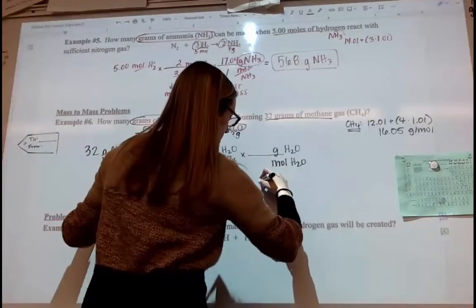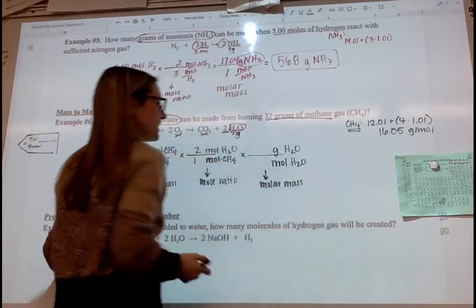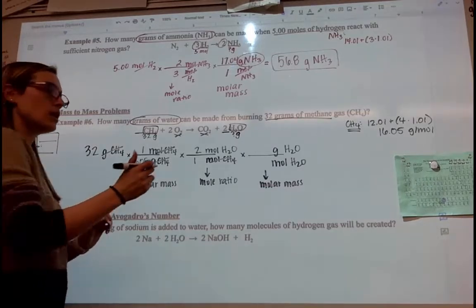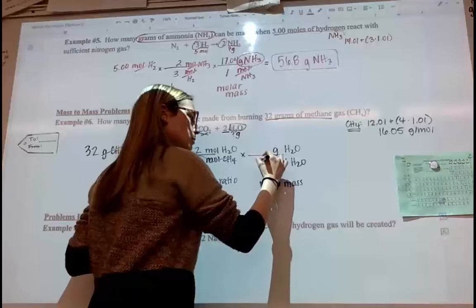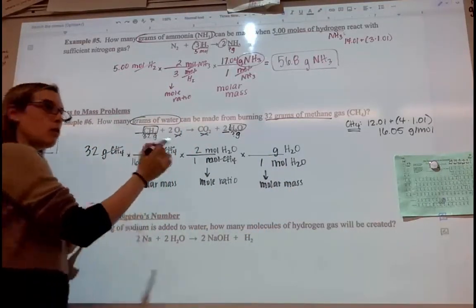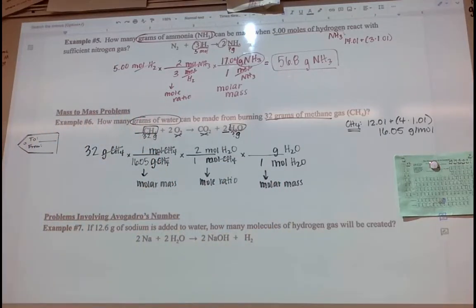So now this is the molar mass of water. It's not going to look the exact same though. Remember, molar mass is grams per mole. It is always grams per 1 mole. Notice how here the 1 went in front of mole, down here the 1 goes in front of mole, because the unit of molar mass is grams per mole.